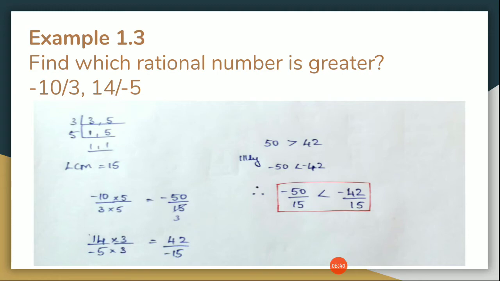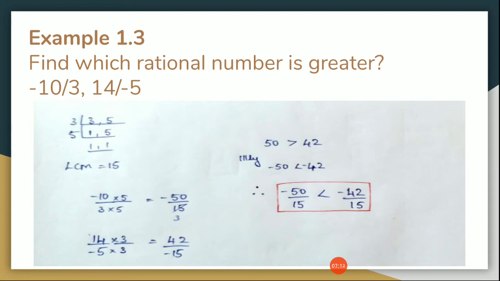If your LCM is 15, if you want to make the denominators same, 3 into 5 will give you 15, so this term's denominator will be 15, and 14 by minus 5, if you multiply it with 3, this denominator will also be the same, and then you write the answer. So minus 10 by 3, multiplied and divided by 5, will give you minus 50 by 15. Same way, 14 by minus 5, multiplied and divided by 3, will give you 42 by minus 15.